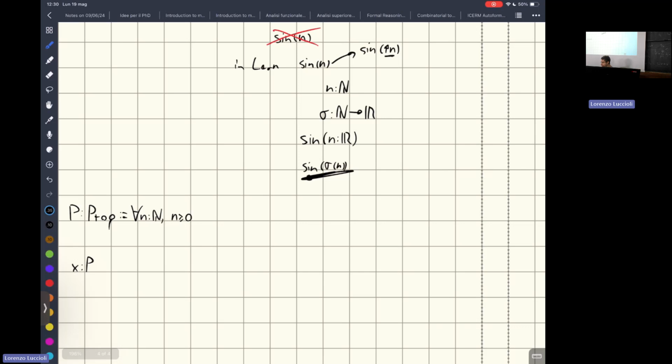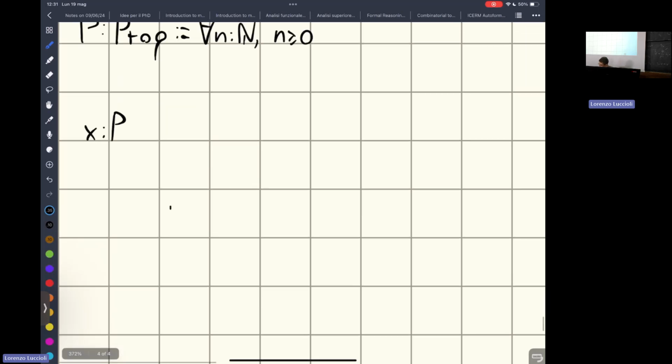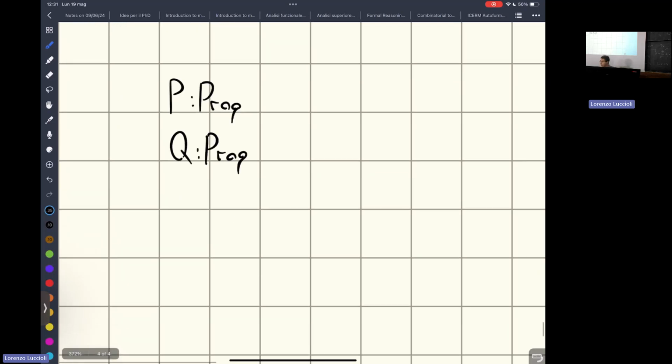Okay, and just to get a bit more acquainted with this proofs as types, let's try to see how different combinations of propositions behave. Of course, in logic, we can combine propositions in various ways. For example, if we have P, which is a Prop, and Q, which is a Prop, so two propositions, we can have P and Q. This is, of course, still a proposition.